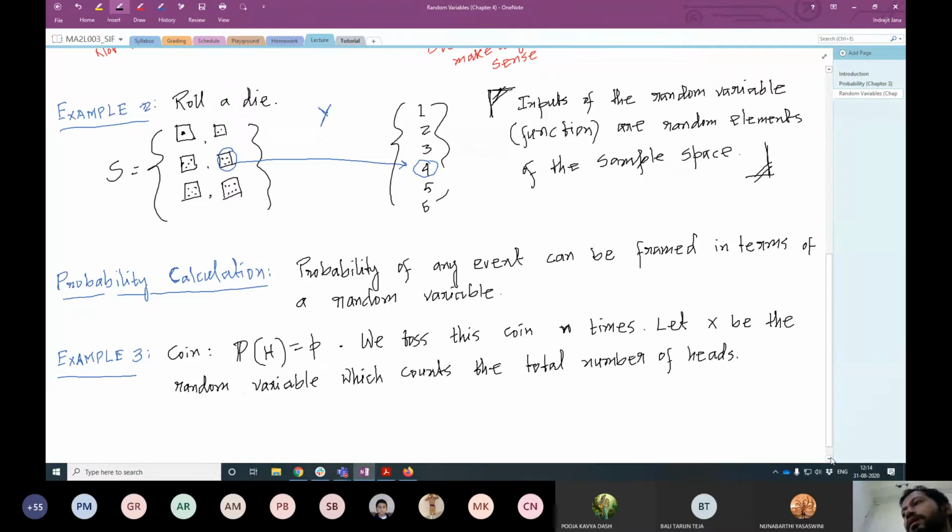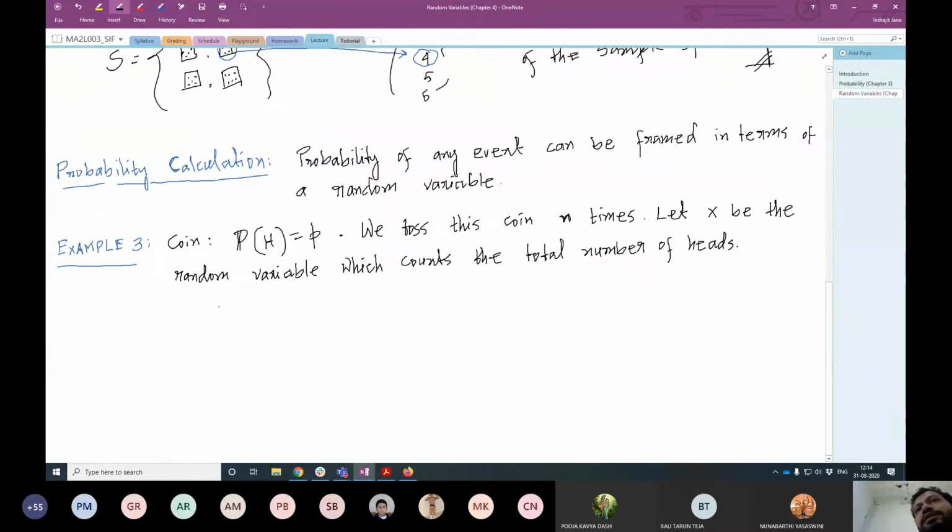We would like to ask 2 questions here. Number 1 is, find all possible values of X, and this is often called the spectrum of the random variable.